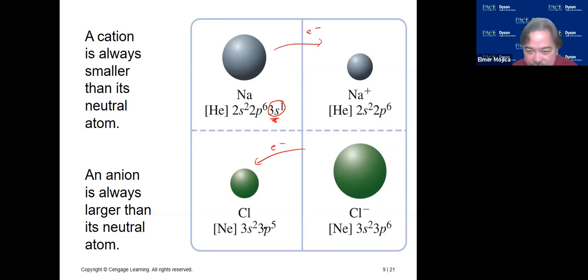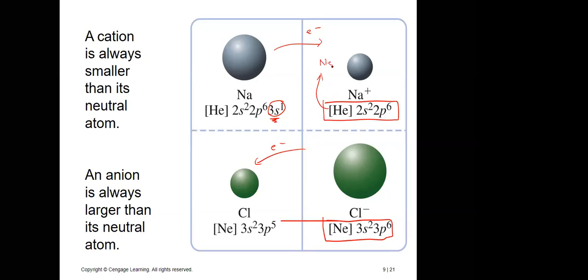Now, I want you to look at this. What can we say about Na plus? What noble gas has the same configuration as Na plus? Anyone? If you look at the periodic table, helium?